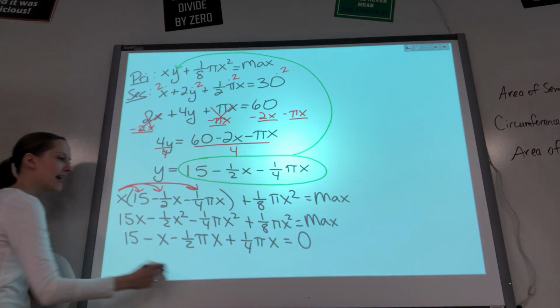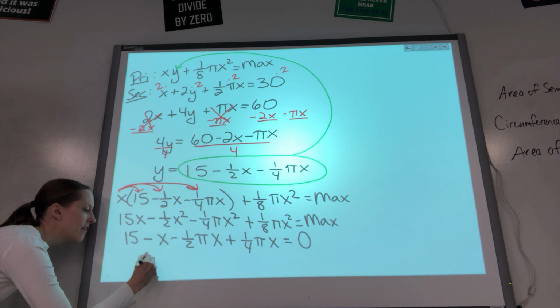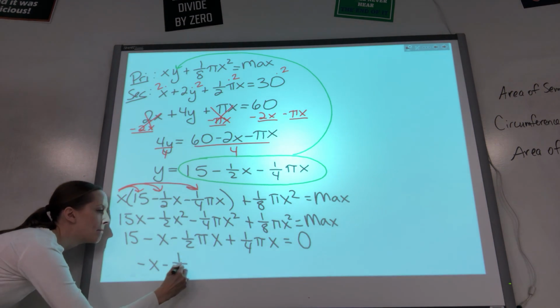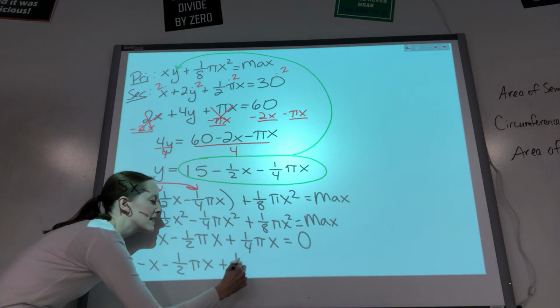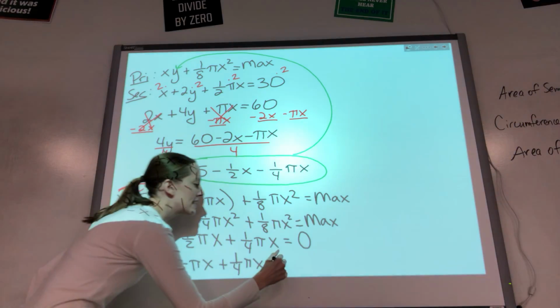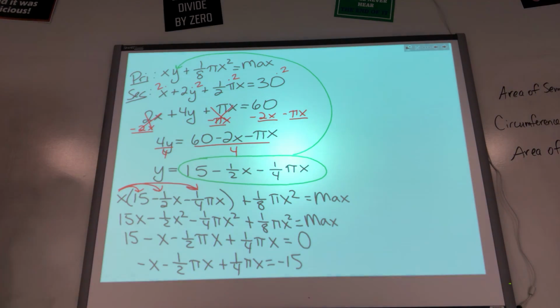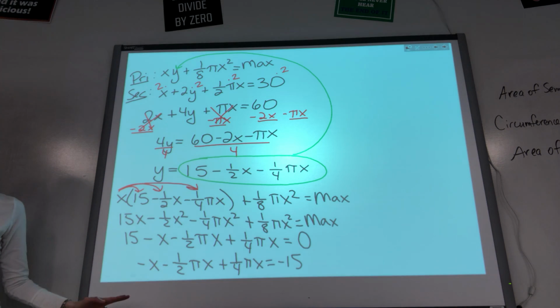So I may move that 15 over, and I'll have a negative x minus 1/2 pi x plus 1/4 pi x, and it equals negative 15. I just subtracted the 15 over. That way, I wouldn't have to worry about it because it doesn't have an x.